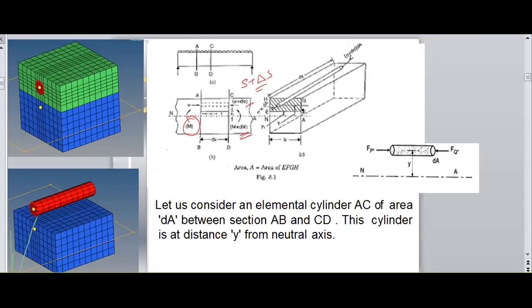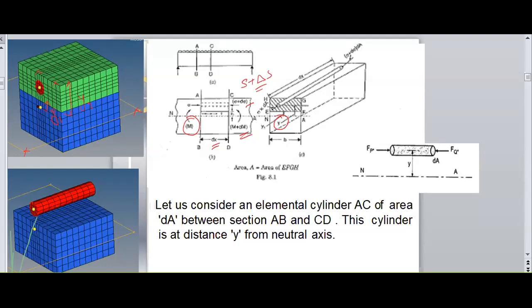Now I am considering a small area, this small length, which is at a height of y1. This is the green color. This is the neutral axis, the neutral layer. I am considering this distance from the neutral layer as y1, and the topmost layer from the neutral axis is y2.